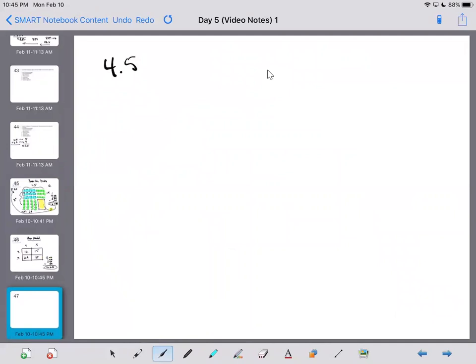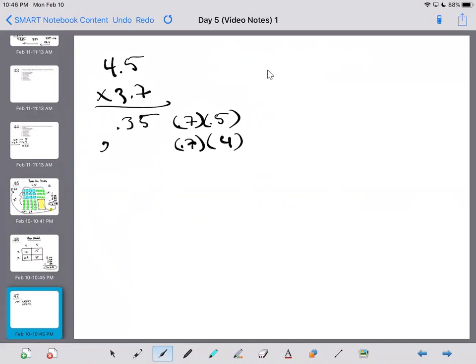Let's look at partial products. So we're going to multiply the 7/10 multiplied by the 5/10 to give us the 35 hundredths. We'll multiply the 7/10 multiplied by 4, which will give us the 2 8/10.